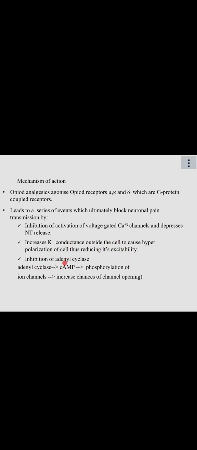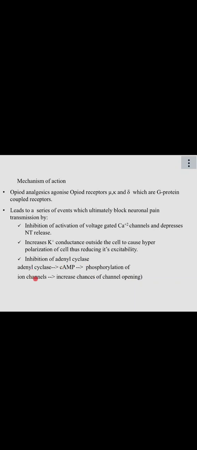It can also bring about inhibition of adenyl cyclase. Adenyl cyclase is the enzyme that causes cleavage of ATP to give you AMP plus the 2-phosphate. You can see adenyl cyclase gives us cyclic AMP, which brings about phosphorylation of ion channels and increases channel opening.